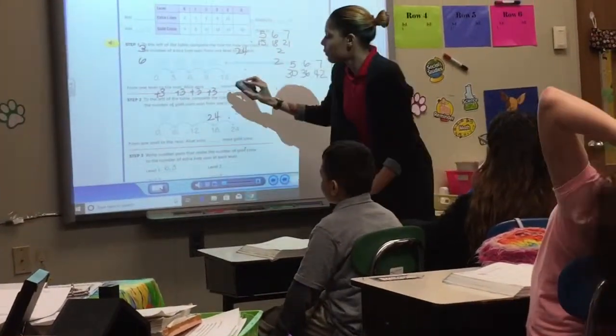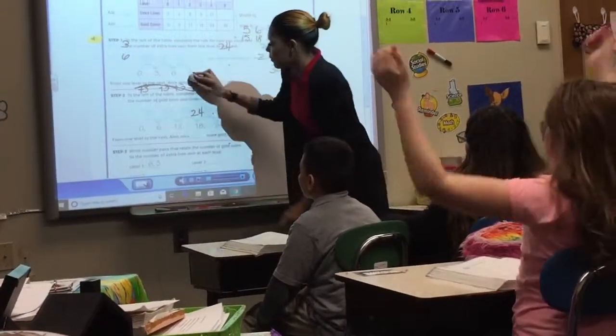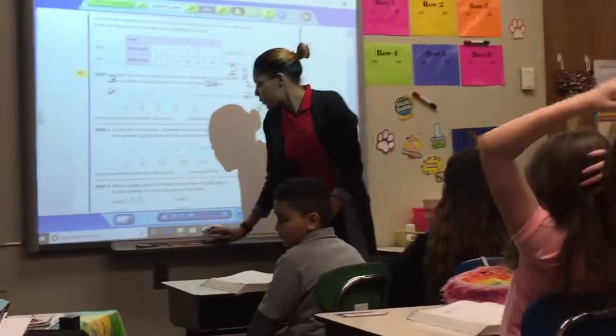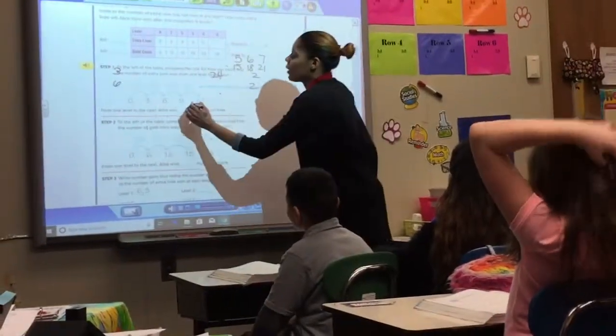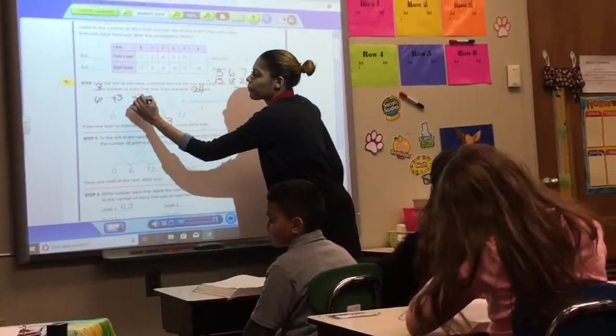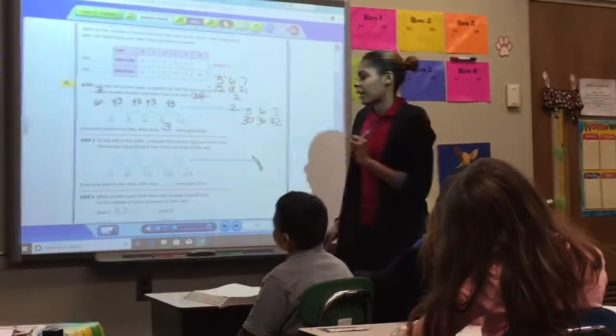But for that one, it says from one level to the next, Alicia wins. It's not 24. How many lives is she getting each level? 3. Yeah, she gets 3 more extra lives. She ends up with 24 in total, but each level that she goes up, she gets 3 more.